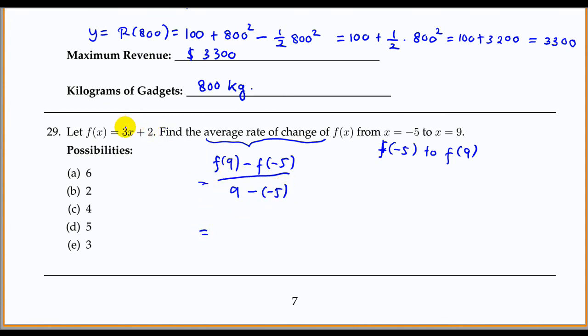So f of 9, 3 times 9, 27 plus 2 is 29, minus f of negative 5, 3 times negative 5, negative 15 plus 2 is negative 13, divided by 14. So we have 42 divided by 14, which is equal to 3.